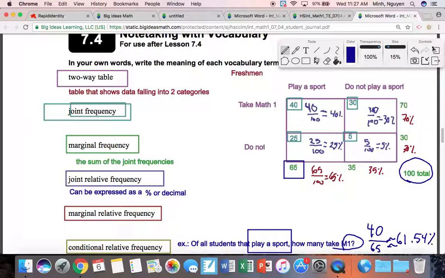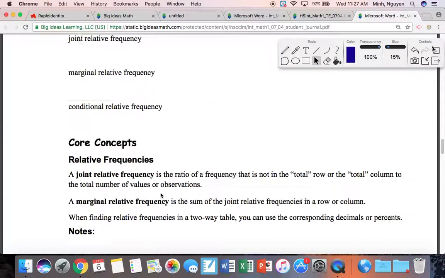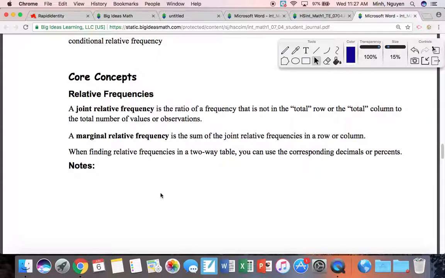Again, this part right here is very important. Of all students that play a sport, that means I only look at the number of students that play a sport. This is really important for you to be able to make these distinctions when you see them verbally, so you calculate correctly.